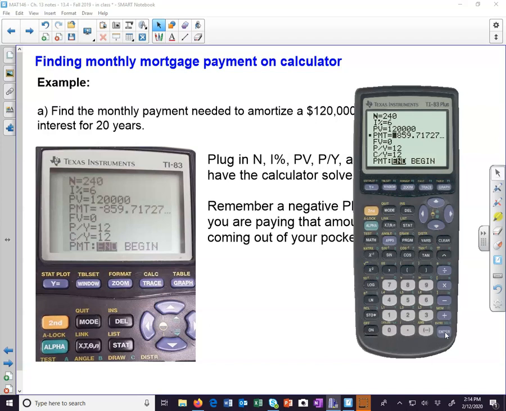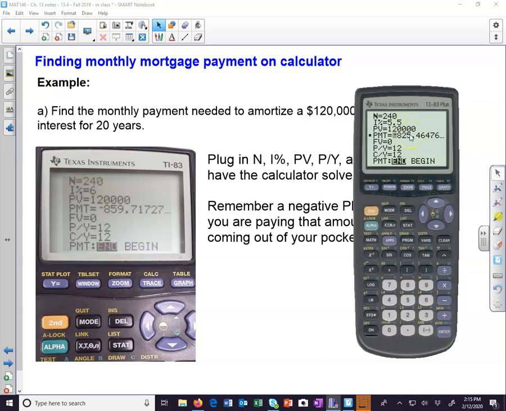So just another way you can do it. Just to show you the difference, let's say we found another option that was 5.5%. If we change that and calculate this again, now it's $829.